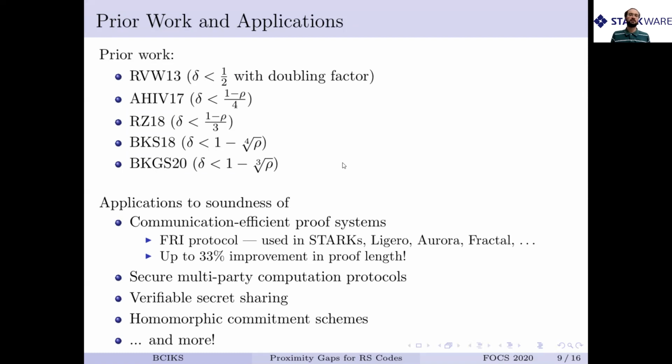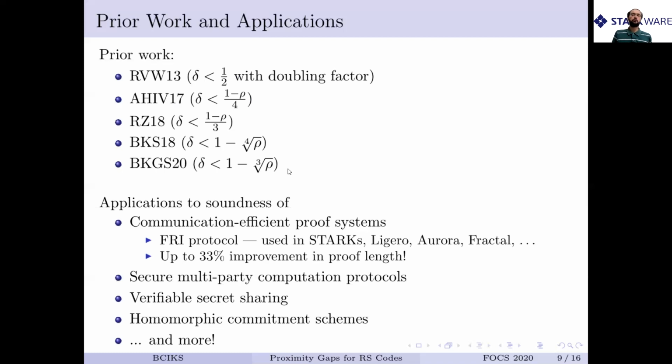Some applications of these results are to the soundness of communication efficient proof systems that use the FRI protocol, such as STARKs, which are of particular interest to us, Ligero, Aurora, Fractal. The improvement here is that the proven soundness very much depends on what remains of 1 minus delta. So this cube root of rho actually translates to every query giving us 1/3 log rho bits of confidence that our original words were actually code words.